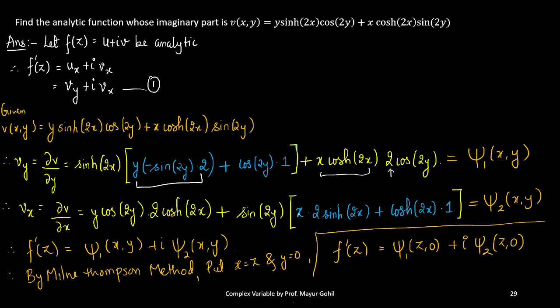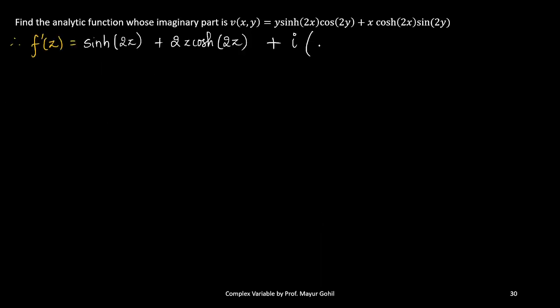Sine of 0 is again 0, so the entire term is going to be 0. So it is I times 0 over here. So finally we will have sin h 2z plus 2 times z cos h 2z. This is what we will get. Now this is the function we obtain, f dash of z, after the substitution.